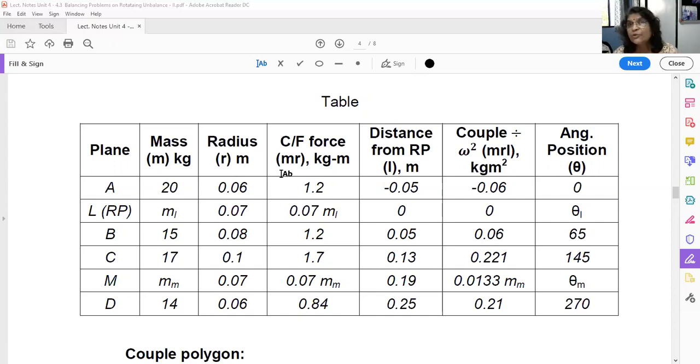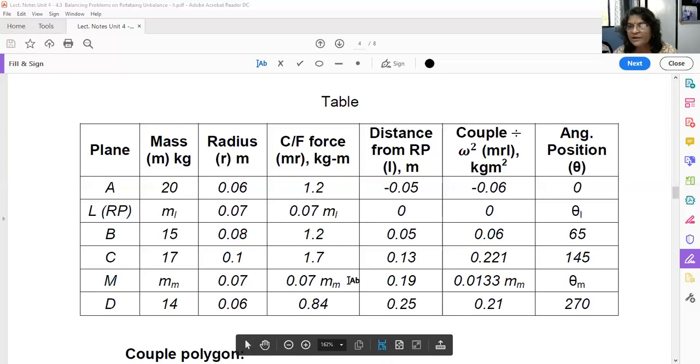So we never consider omega square while drawing couple polygon and force polygon. So centrifugal force is proportional to m into r. Here you have to write down the product m into r. Just take the product of these 2 columns and write down here. So this will be 0.07 ML and this will be 0.07 MM. Remaining all figures you can write down.